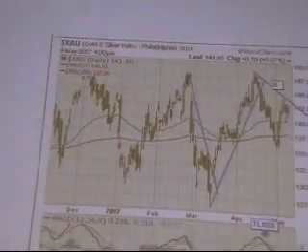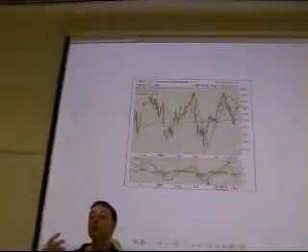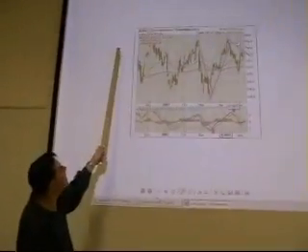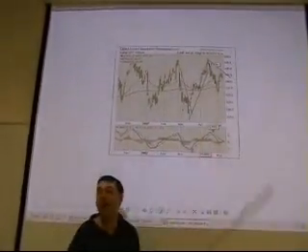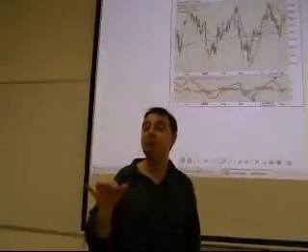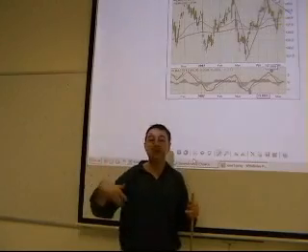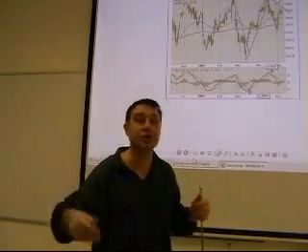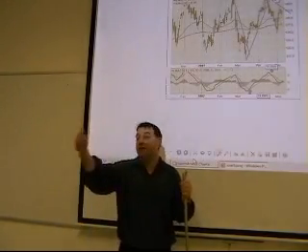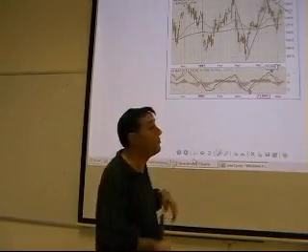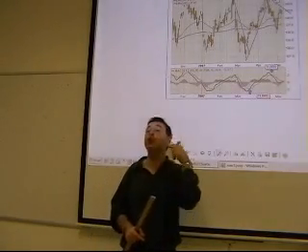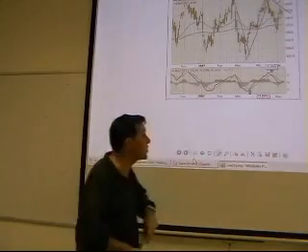So right now, if you're in a secular bull market, this clearly looks like a primary bear market trend. In other words, this is a major multi-year correction within a 10, 15, 20-year secular bull market. At least that's the working hypothesis of those analysts.